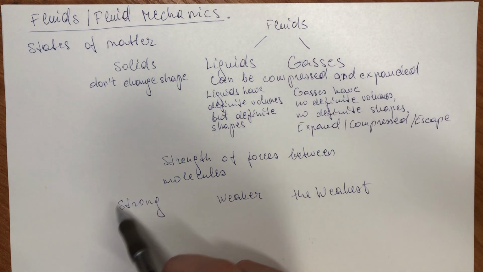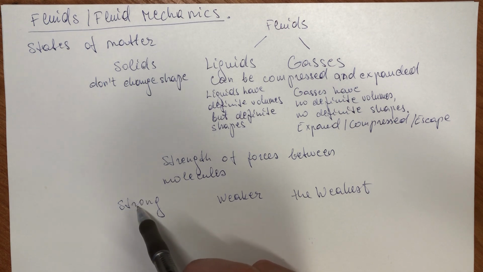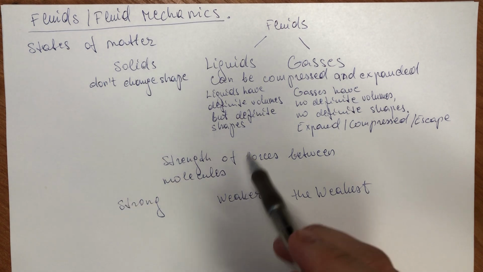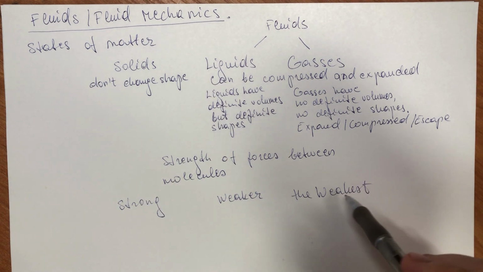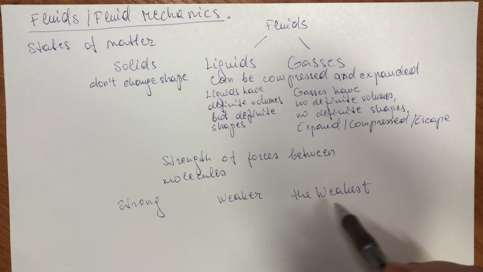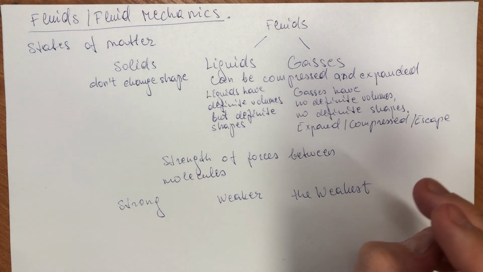Solids, because the atoms are close, are the densest. Liquids are not that dense, and gases have the lowest densities.